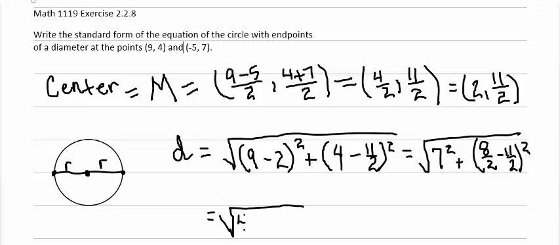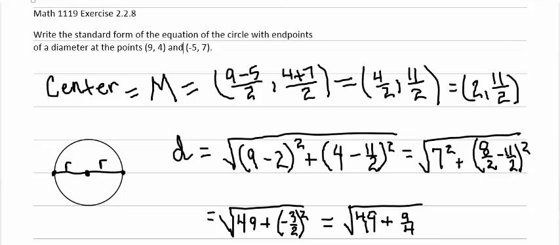So I have 49 plus the square of negative 3 halves, which is 49 plus 9/4.